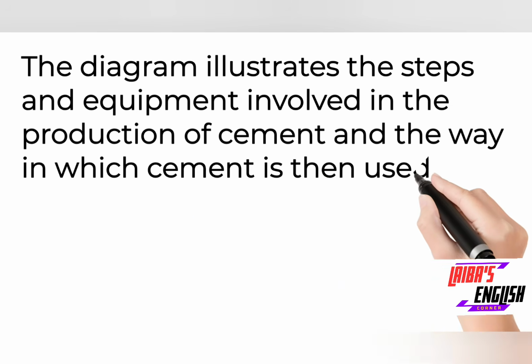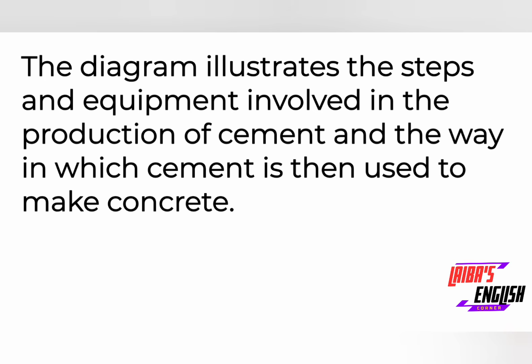The diagram illustrates the steps and equipment involved in the production of cement and the way in which cement is then used to make concrete. So the word diagram stays diagram, and instead of shows, we have written illustrates the steps and the equipment involved in the production of cement and the way in which cement is then used to make concrete.